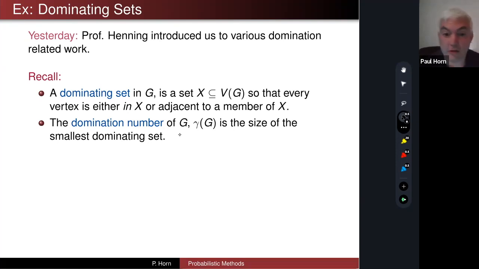And the domination number is the size of the smallest dominating set in the graph. As Professor Henning told us yesterday, finding the smallest dominating set is a hard business. It's NP hard to find this number, and finding the worst case when you have minimum degree 3 or minimum degree 4 or minimum degree 5 is already pretty serious business.